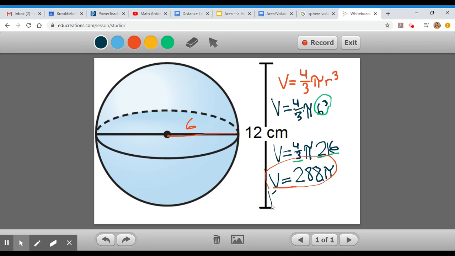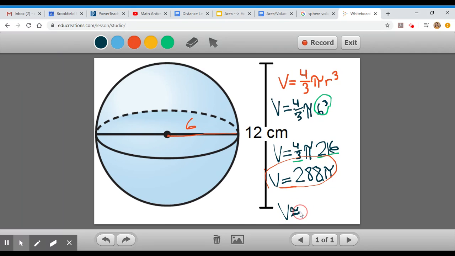So if I take my calculator again, I'm going to figure out that the volume equals 288 times pi is approximately, so I could use the approximately symbol here if I wanted to.